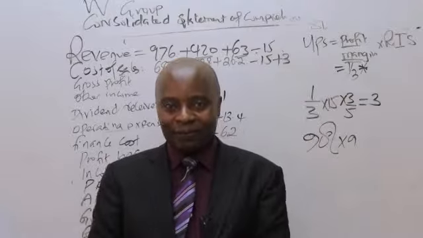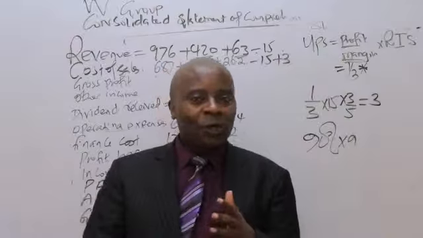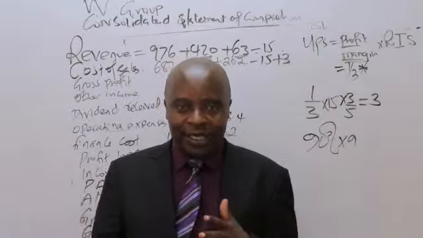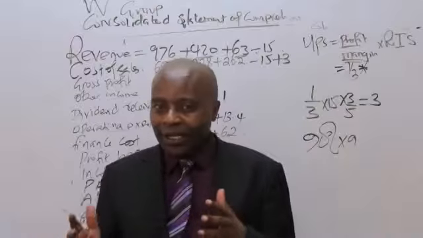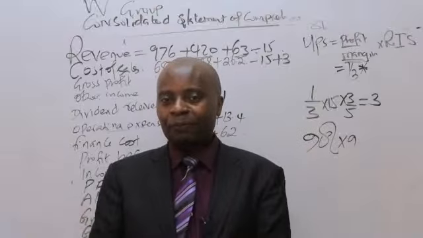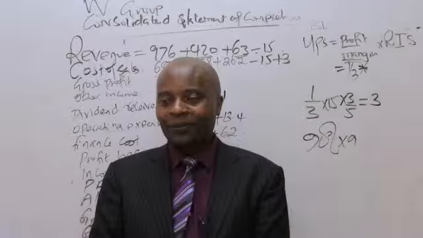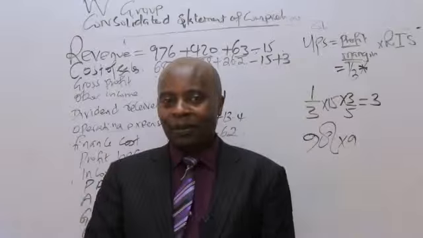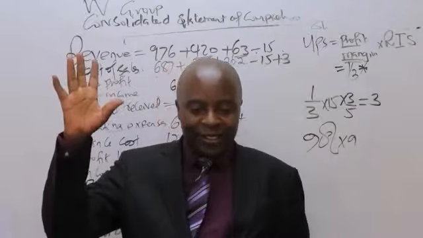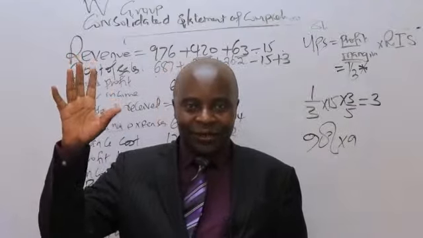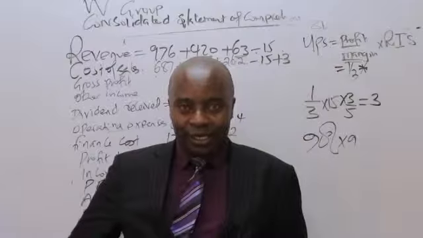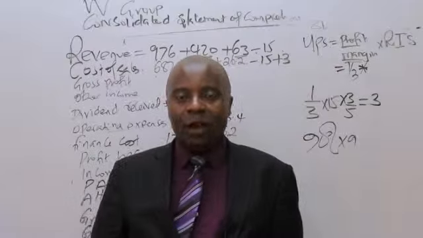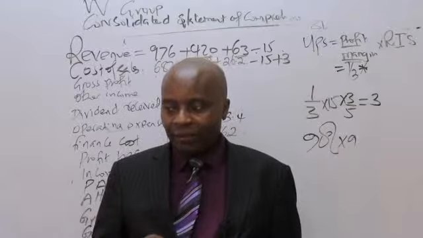So the question is, ladies and gentlemen, this money that we borrowed was given to our subsidiary. I don't know what your understanding is. Will this be an internal arrangement or an external arrangement? Remember, we borrowed 300, which was used in the acquisition of our subsidiary.